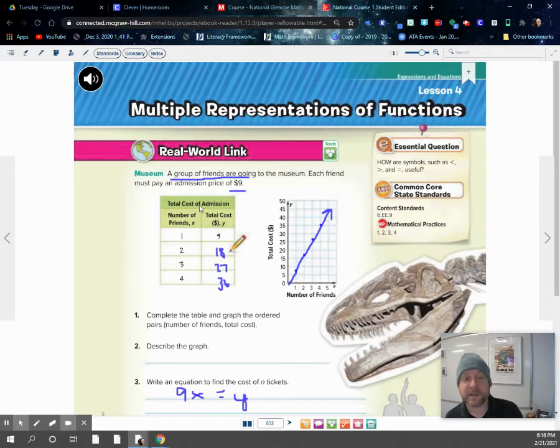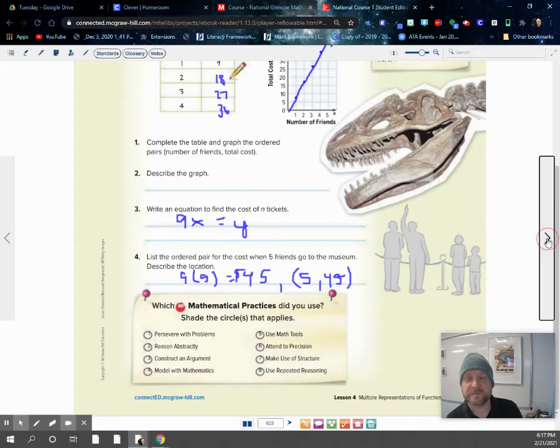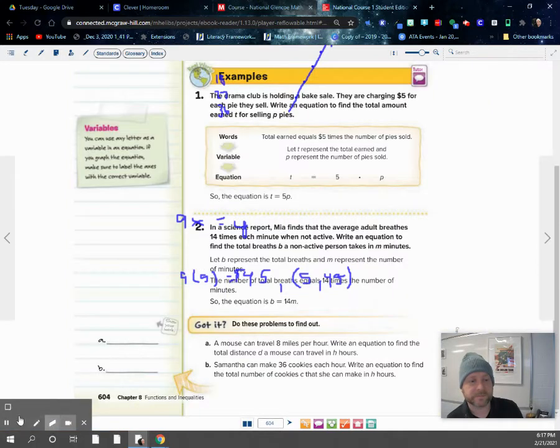We filled that in using a function table. Once we figured out that function rule, we could create a function table with all of our inputs and outputs, and then we showed that visually as a graph as well. So there's 4 or 5 ways already that we've talked about how we can represent a linear function. All right, we're going to move on.